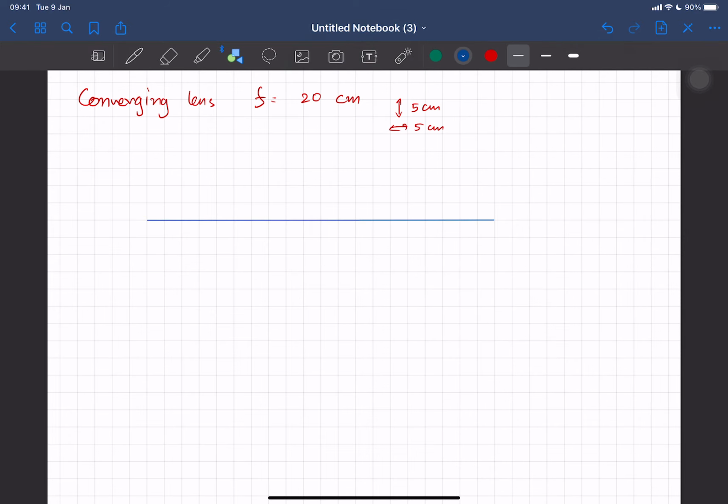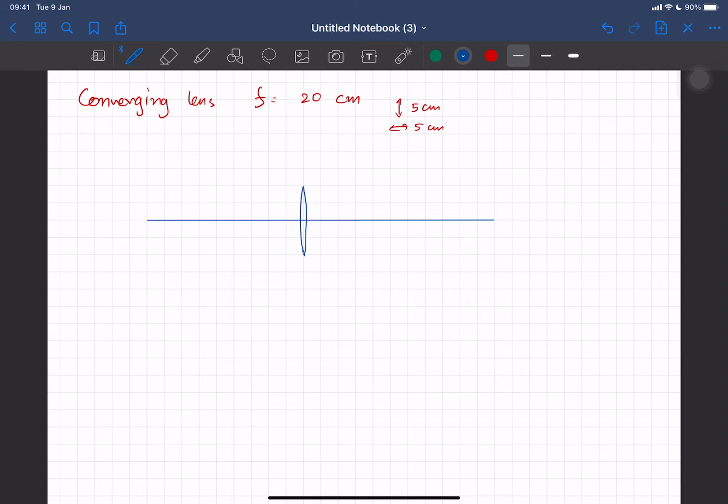Let's say we put it here. The focal length is 20 centimeters. That means there are 4 grids, right? Because each one is 5 centimeters. So 20 centimeters is 4 grids.